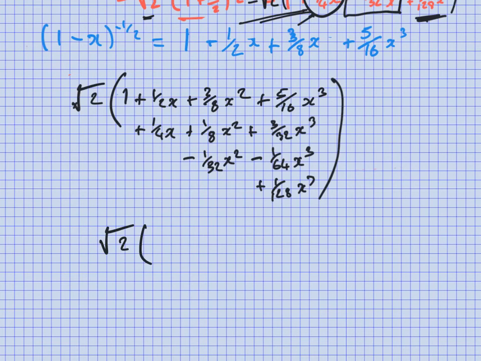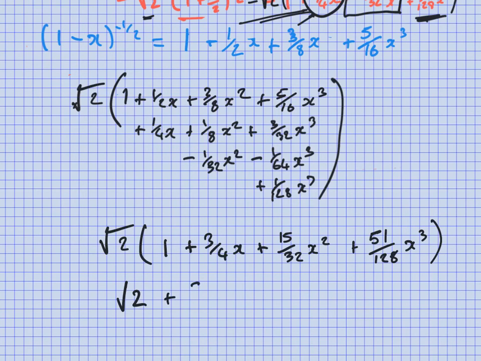So don't forget the root 2 goes outside, so that's 1 plus 3/4 x plus, adding that up carefully, 15/32 x squared plus, adding these down, 51/128 x cubed. Last step, to rewrite it with the root 2 involved. So straightforward, just rewrite it, having multiplied out.